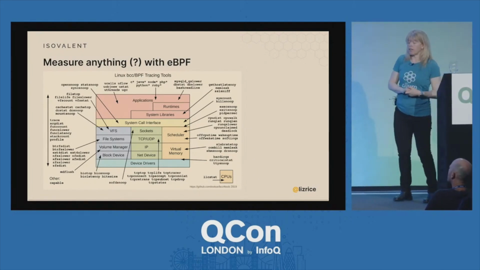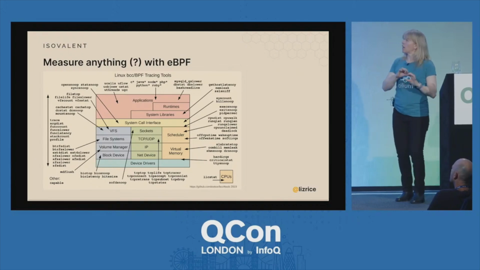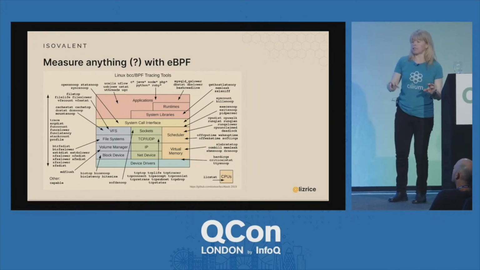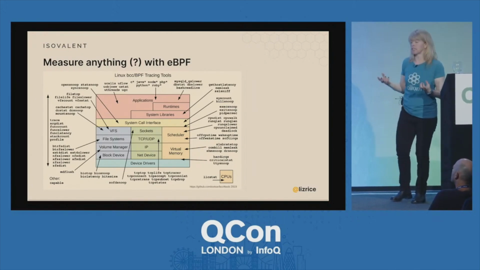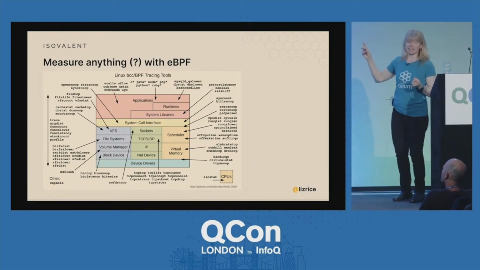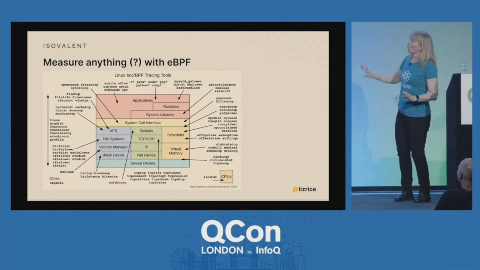So Brendan was really involved with a project called BCC, and BCC created a huge array of BPF-based performance tracing tools. When I first saw this diagram, I thought, what the hell is this? It's frightening, right? You don't need to know what all the things are.